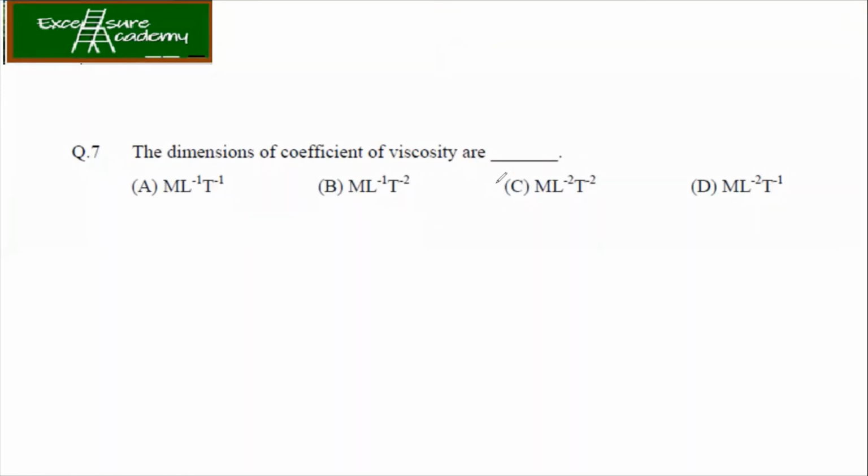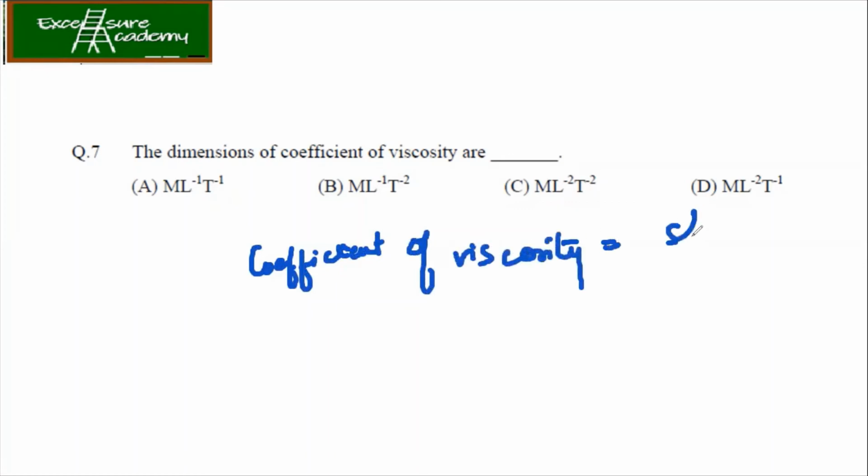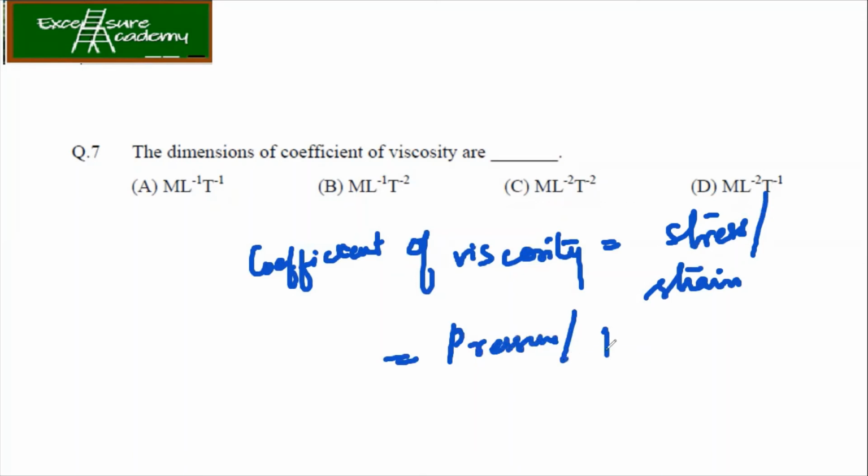So for this we should know that the coefficient of viscosity is given as stress upon strain. Okay, so we know what the unit is. The unit is pressure upon time inverse.